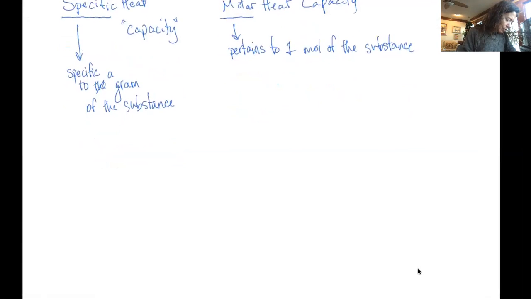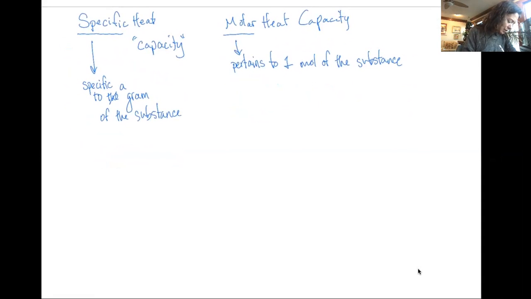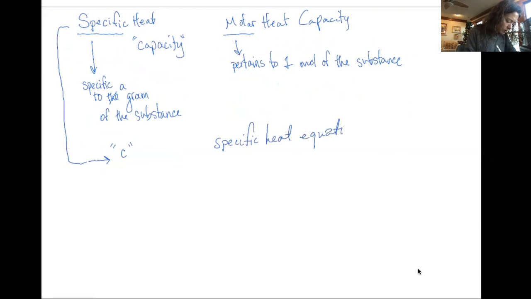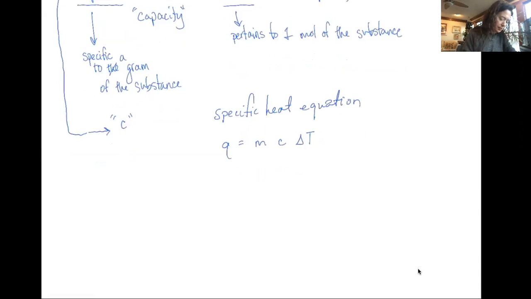Now, the specific heat capacity has the symbol C. It's also the symbol for the speed of light. And we are going to be using the specific heat equation, and that is Q equals MC delta T. All right, you need to be very familiar with this equation.